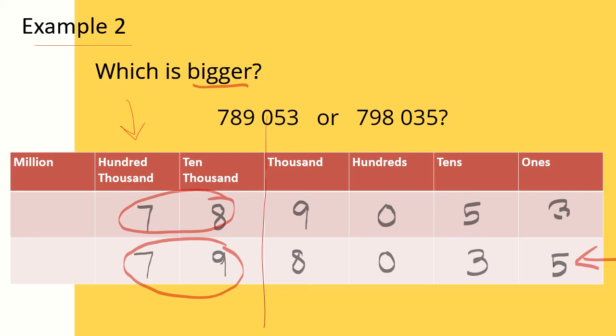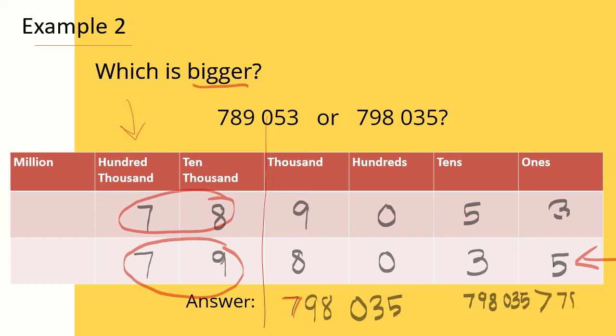So for the answer, the answer is 798,035 is bigger, or 798,035 is bigger than 789,053.